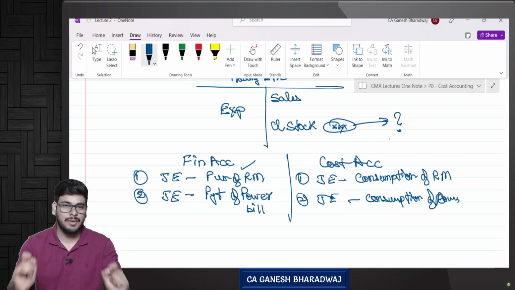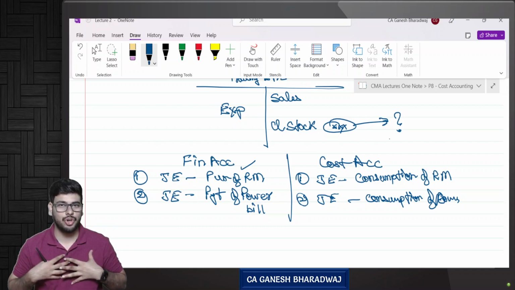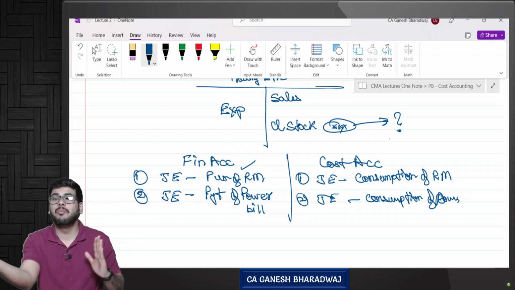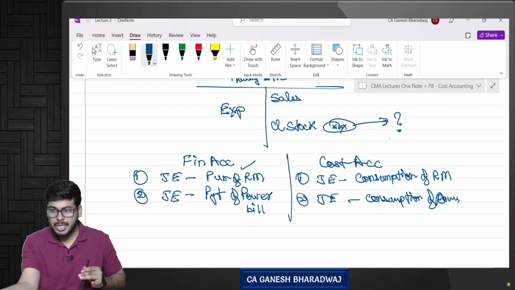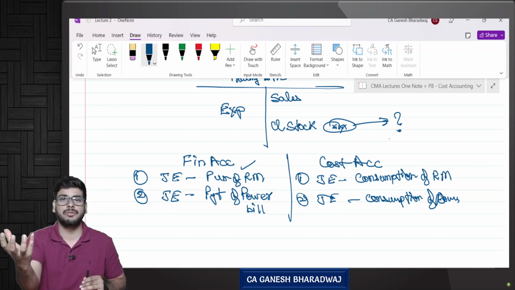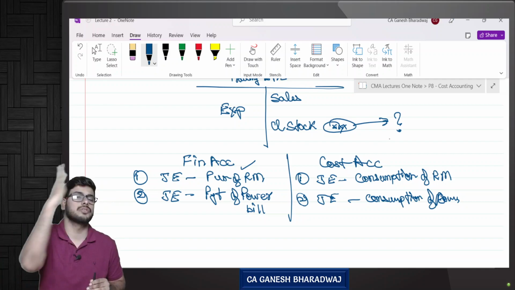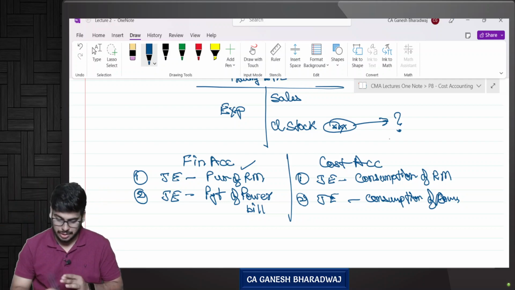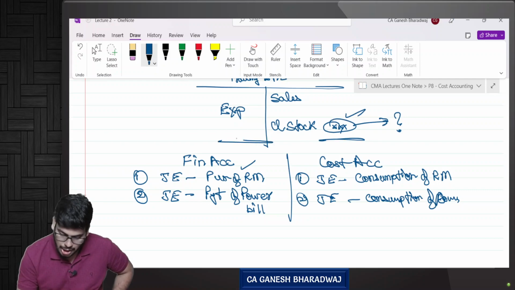Yes. So always keep this in mind: stock gets valued only in cost accounting, and in financial accounting, they borrow the figure from us. As cost accountants, we value the stock and give the stock value to the financial accountant based on this. Only if you value the stock will you be able to arrive at the profit. Correct?